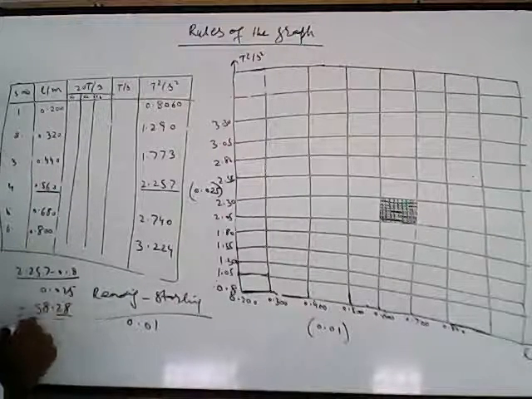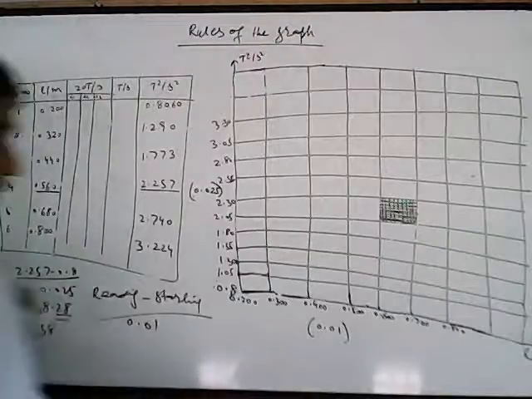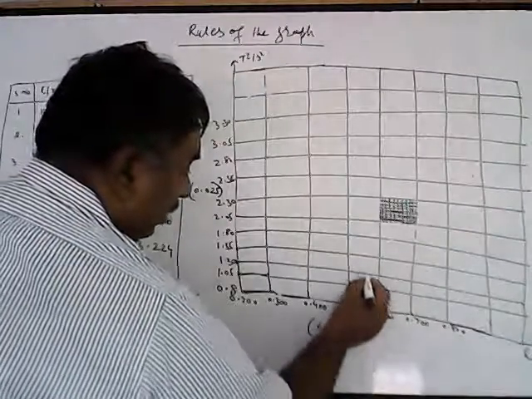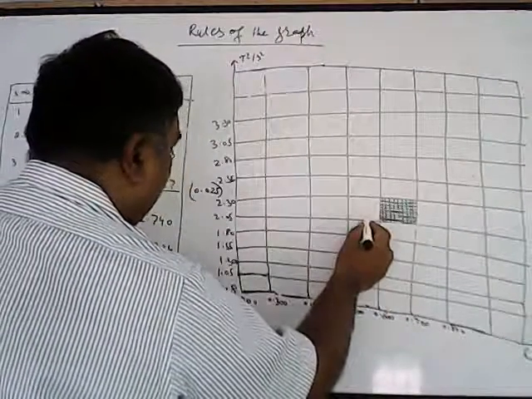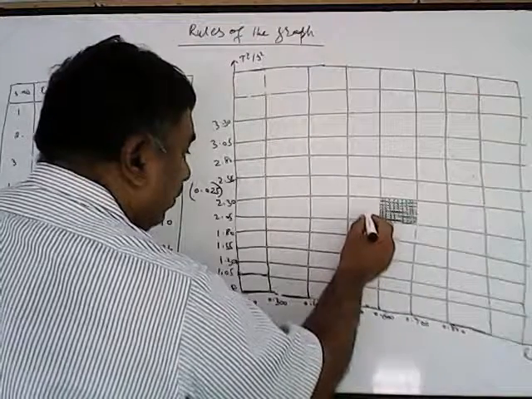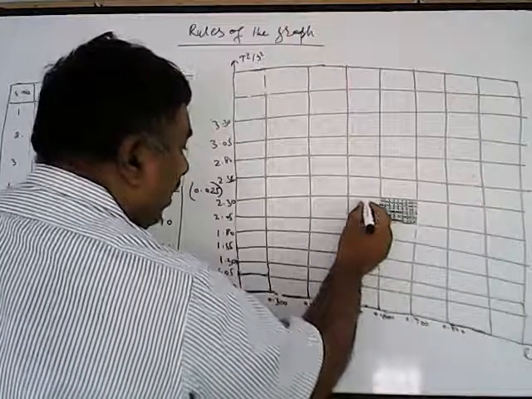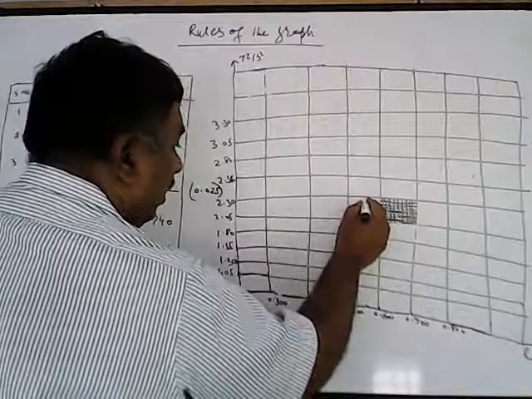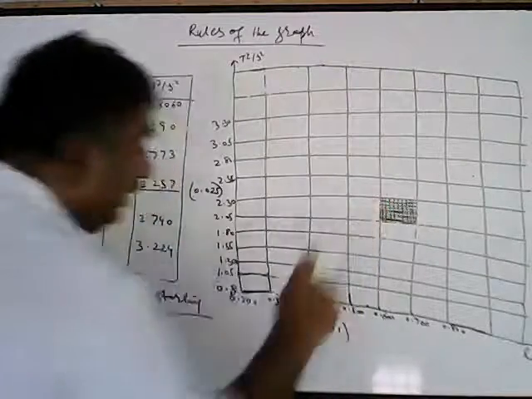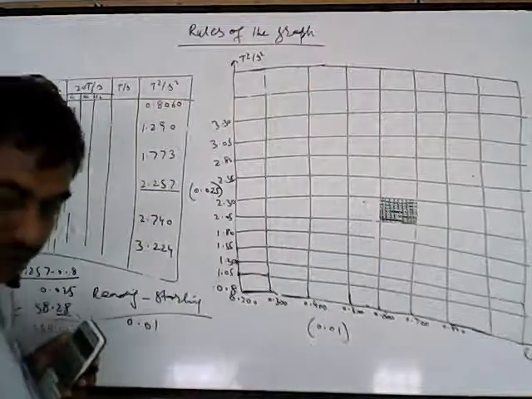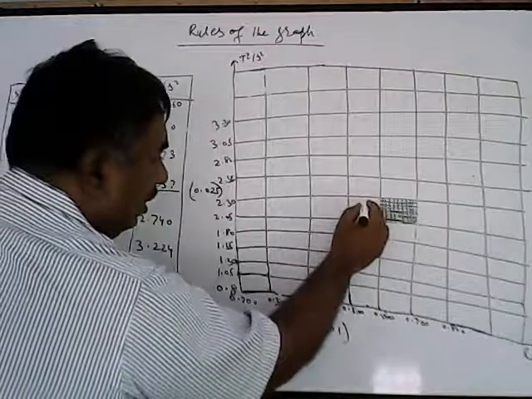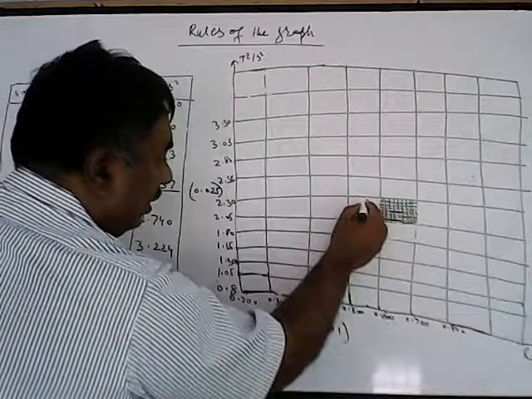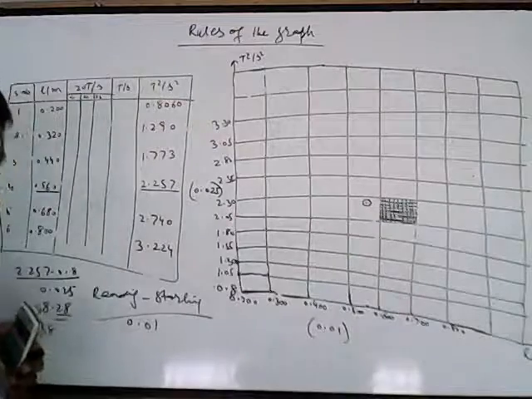I will ignore the fraction. Only 58 small boxes I will count from here. 58 is 10, 20, 30, 40, 50, and 58: 1, 2, 3, 4. This will come here. I'll just point this one, not blob it. I'm just making it so that it can appear on the video. So this point is here, this one, and this one inside it. So this is the point.